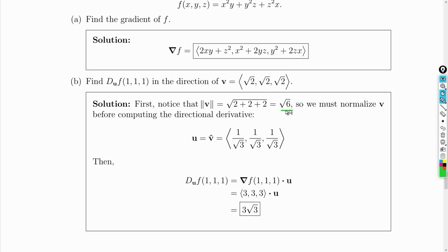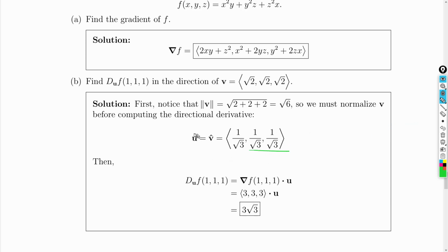And so in order to compute the u that you're going to use for the directional derivative, you should normalize, divide by the magnitude of v. So you end up with root 2 divided by root 6, which simplifies to root 1 over 3. And then you can simplify that further. You can write it in a number of different ways. I wrote it this way because it just looks nicer that way.